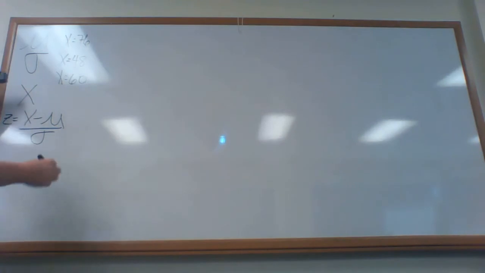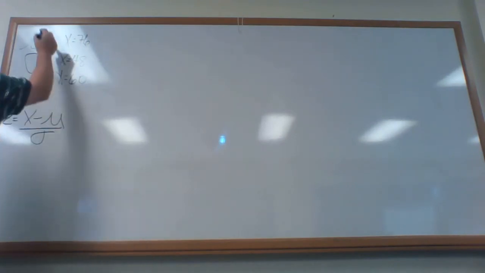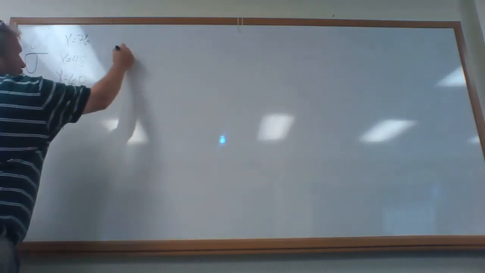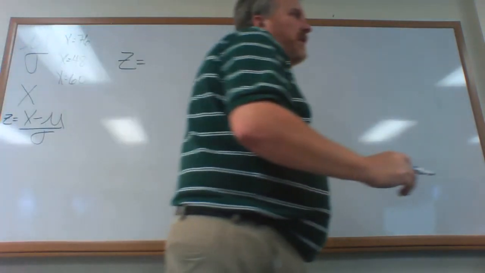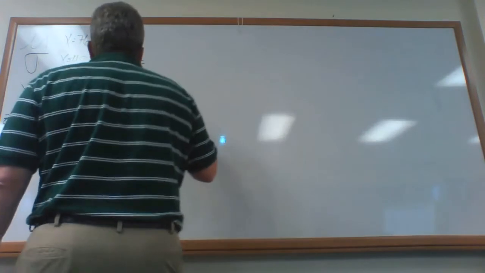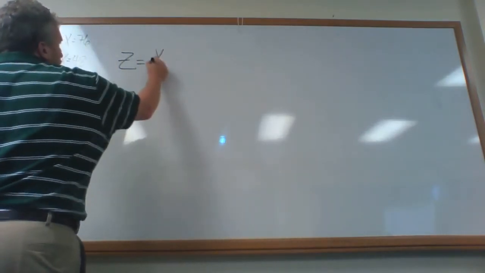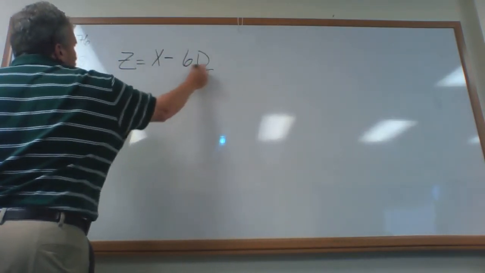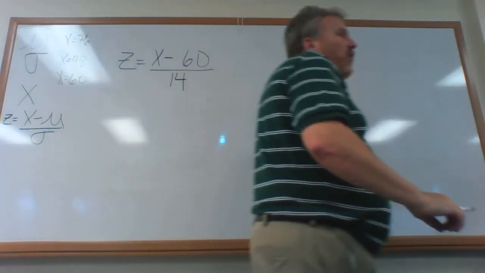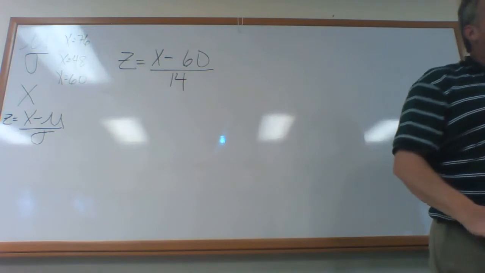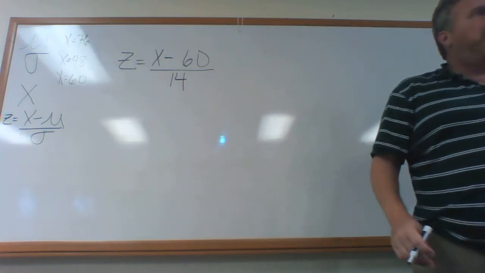The mean is what? What's the mean for the distribution? It says 60 with a standard deviation of 14. So it's whatever the x score is, minus 60 over 14 for each of them.